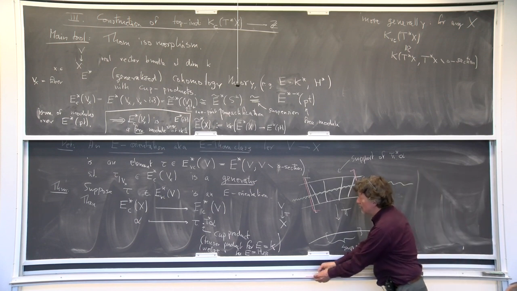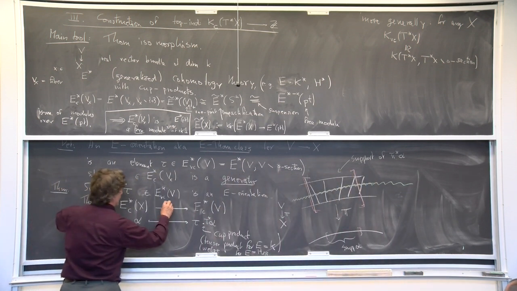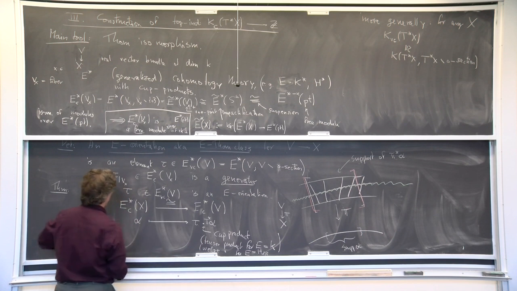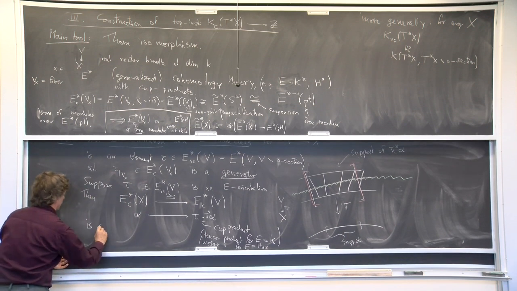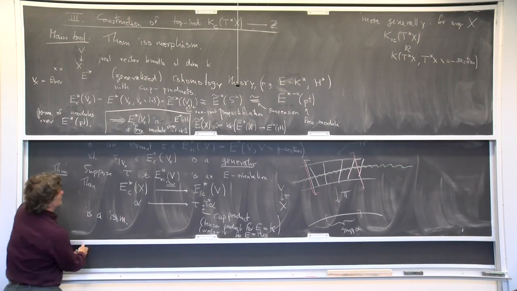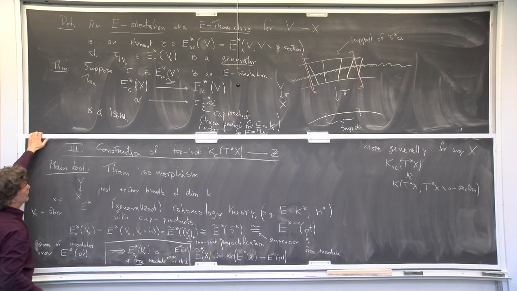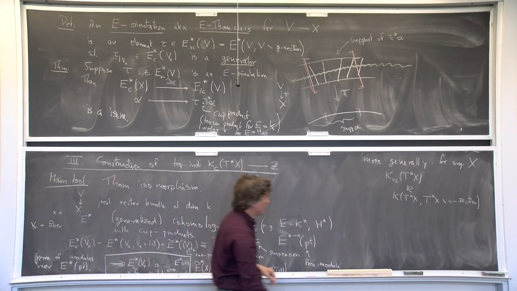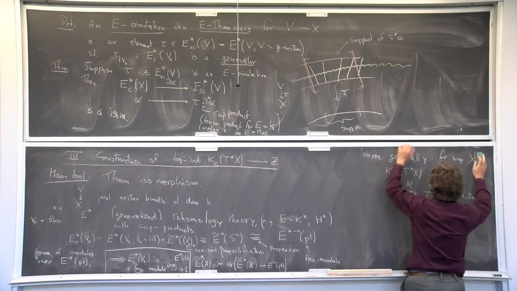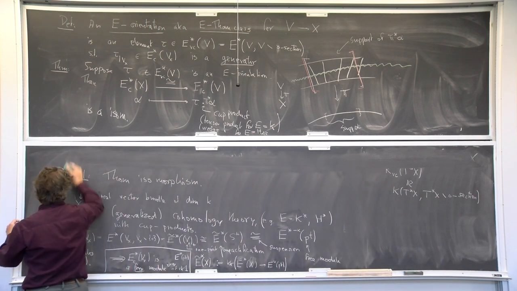Okay, and the statement is, this Thom isomorphism theorem says that this map here is an isomorphism. Now we want to put that to good use. Very brief comment.